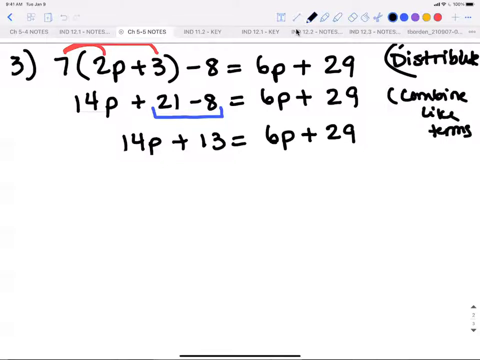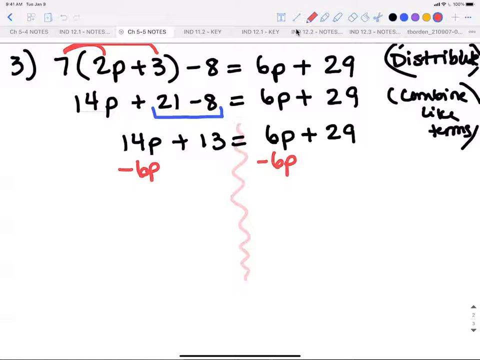Okay, so we've distributed, we've combined like terms, and now our wall comes in. And if it helps you, right, do this on your paper. I'll never mind it being on there, because it really does help keep you centered. All right, so the first thing we're going to do is let's move all of our p's over to the left, or combine all of our p's on one side. So if I subtract 6p from the right, I'm going to subtract 6p from the other side of the wall.